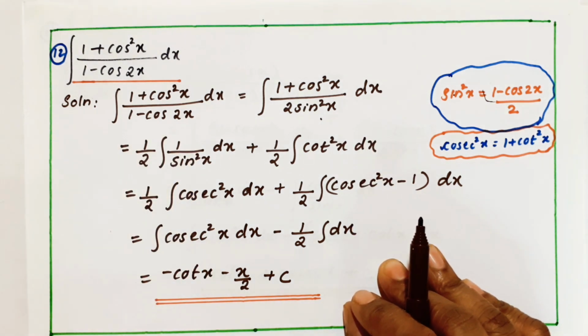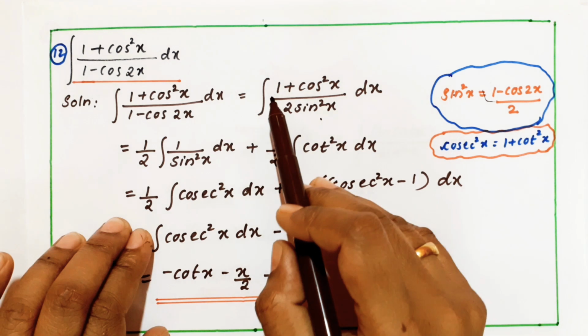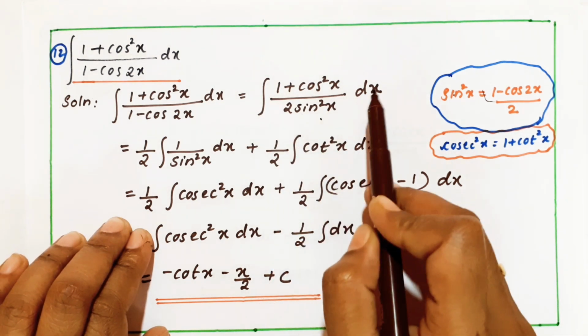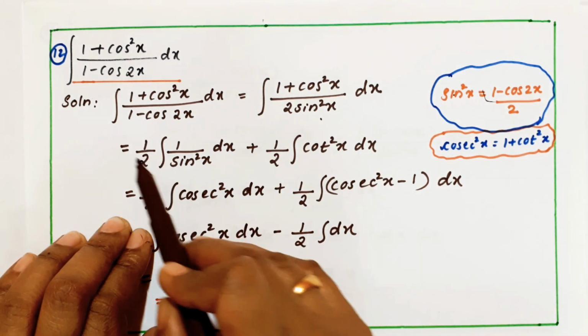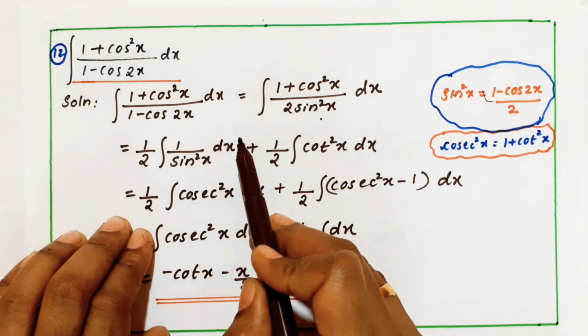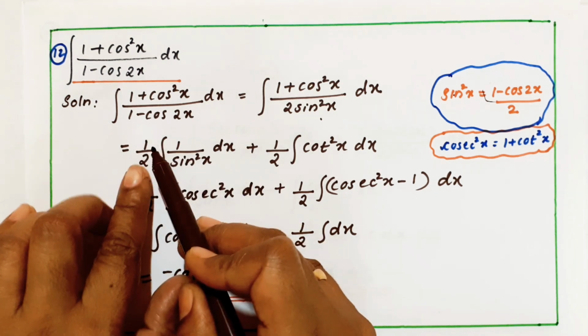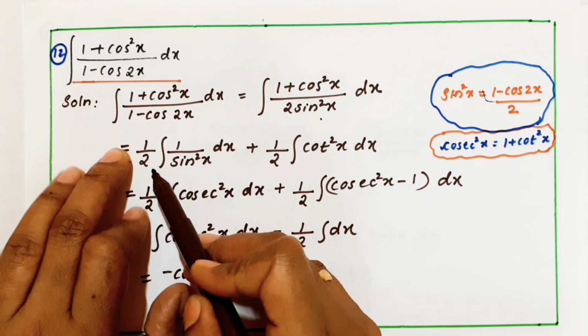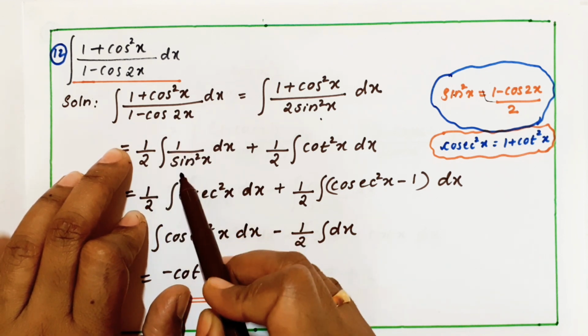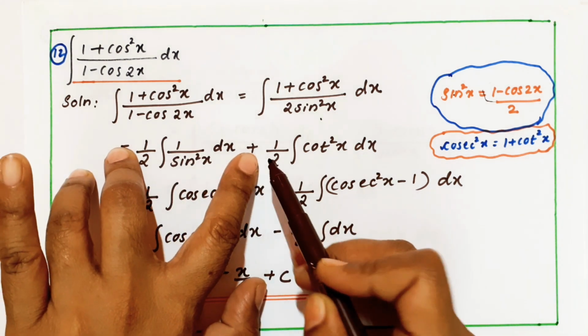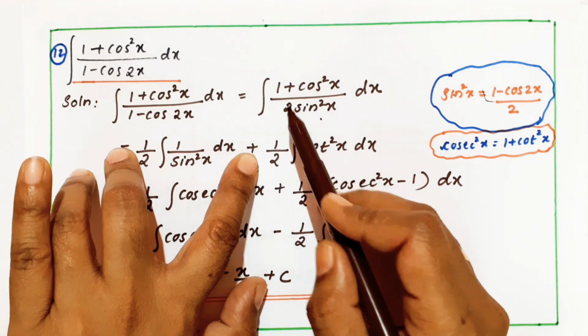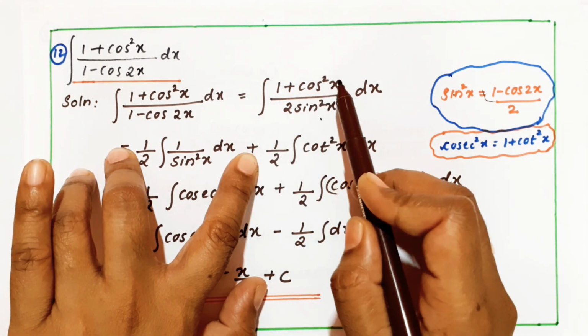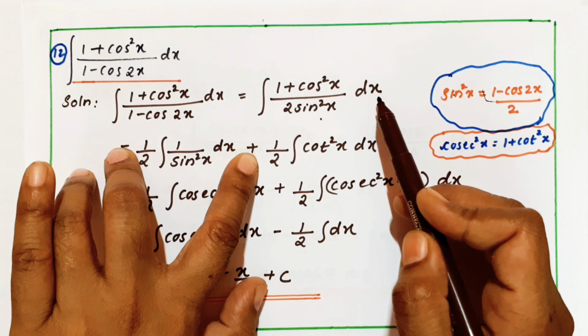The next one is splitting of the terms. First term is 1 by 2 sin square x dx. So it is integral of 1 by 2 sin square x dx. 1 by 2 is constant, so I have taken it out of integration. 1 by 2 integral of 1 by sin square x dx plus second term is again 1 by 2 cos square x by sin square x dx.